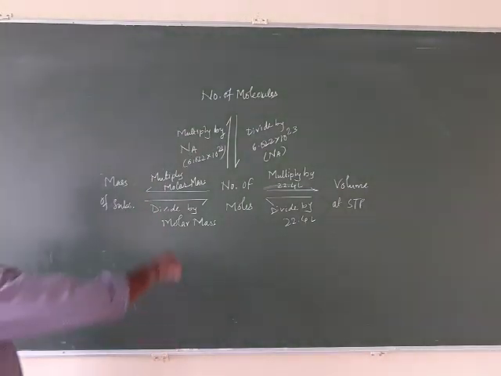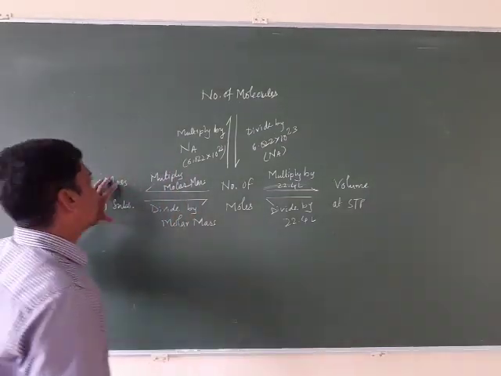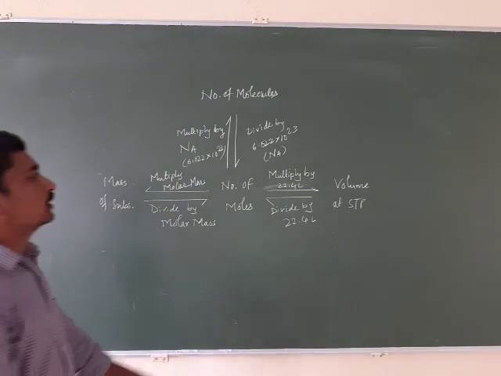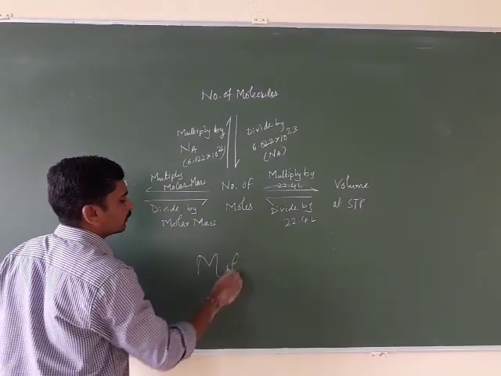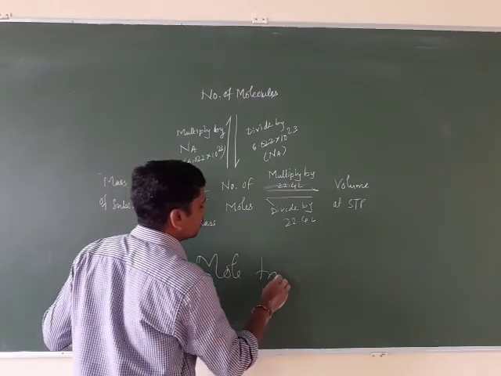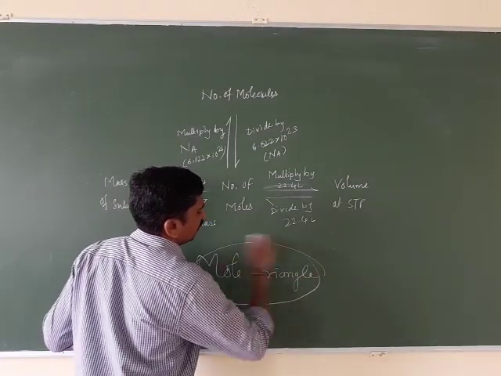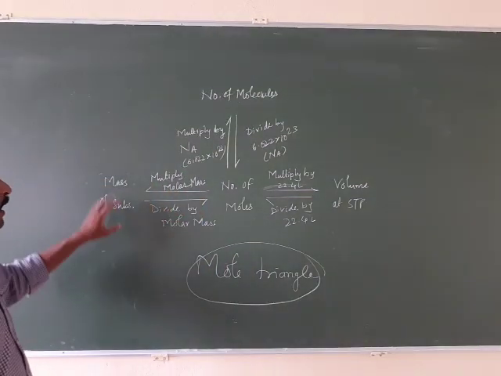Now this is called what? Mole triangle. So we have 1, 2, 3 corners, and that's why it is called mole triangle. And by using this mole triangle, you can convert anything.